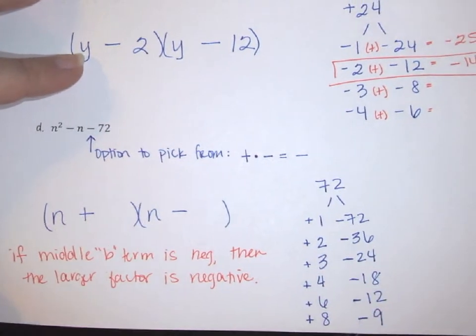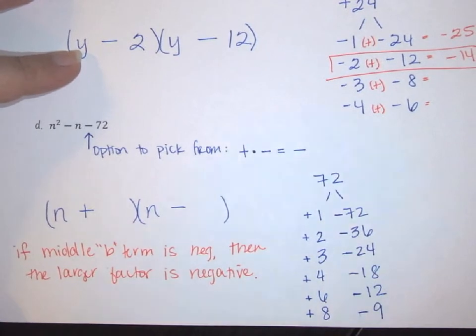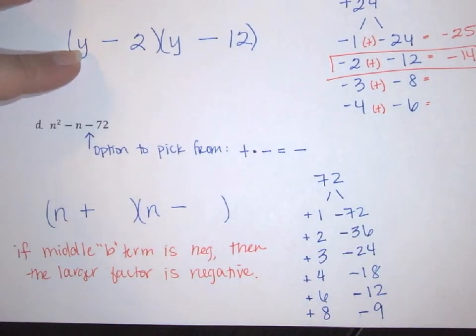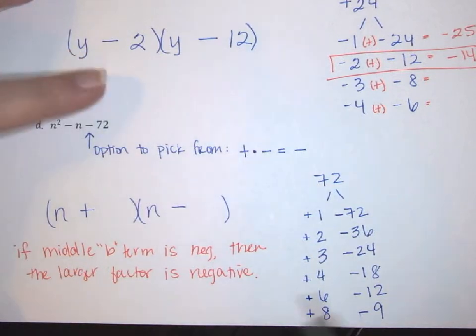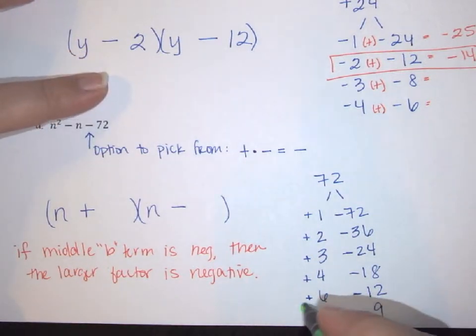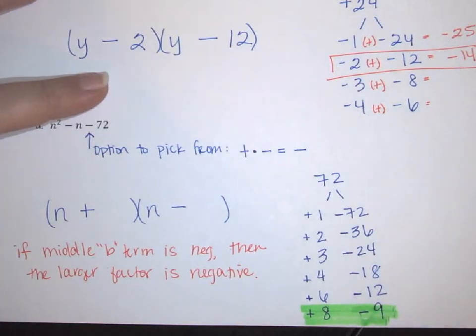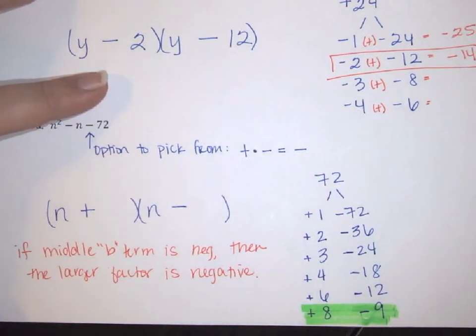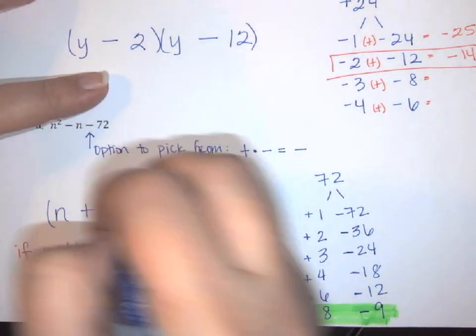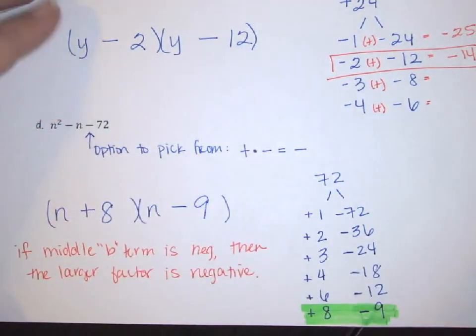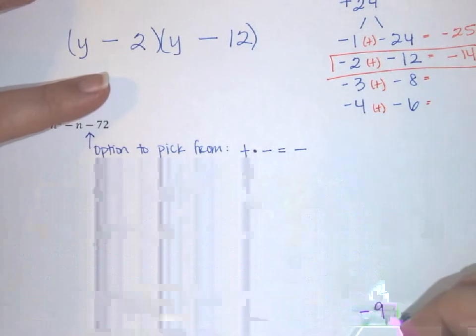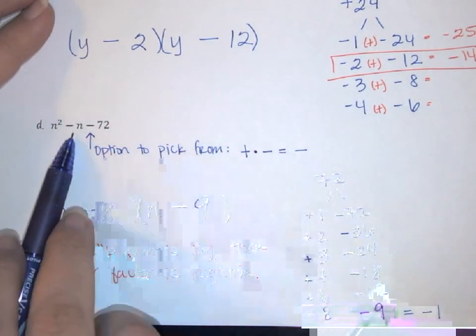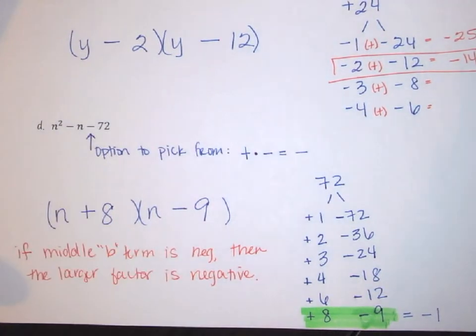If you look closely, there is only one example that is actually going to work for this problem, and that is my bottom example here, which says positive 8 and negative 9. So this becomes a positive 8 and a negative 9. If we combine these together, you get a negative 1 as a result, which is what we wanted. Okay.